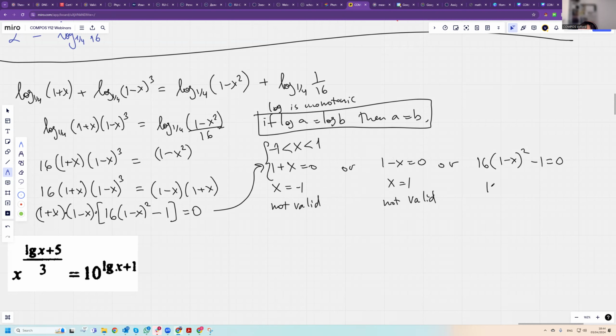And here we have 16, 1 minus x squared equals 1. 1 minus x squared equals 1/16. 1 minus x equals plus or minus a quarter. x is equal to 1 plus minus a quarter. So x equals 5/4, or x equals 3/4.